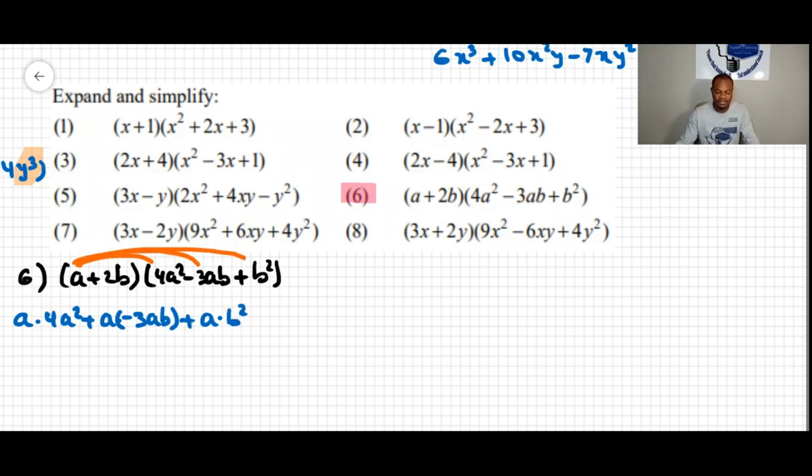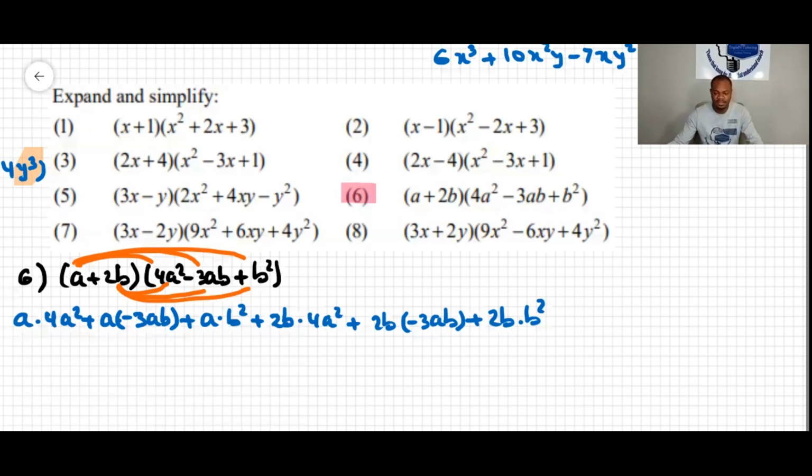Now let me take a positive 2b times 4a squared, 2b times negative 3ab, 2b times b squared. So this will be plus 2b times 4a squared plus 2b times negative 3ab plus 2b times b squared. Now we're going to simplify.